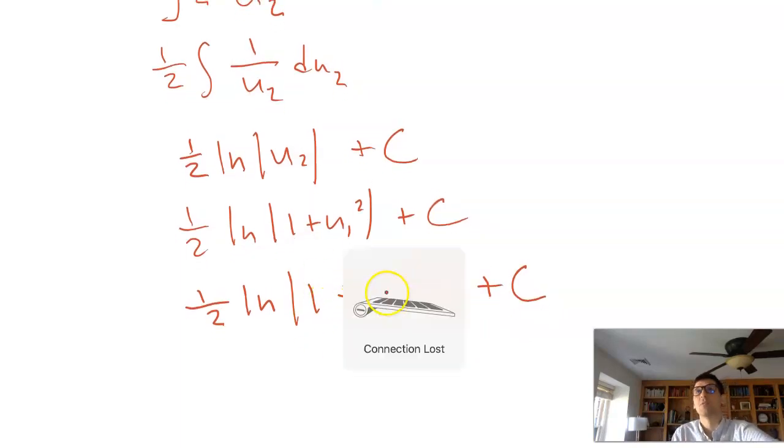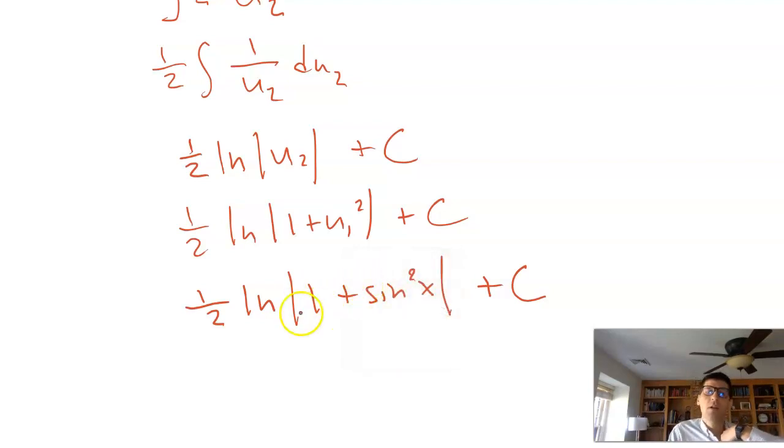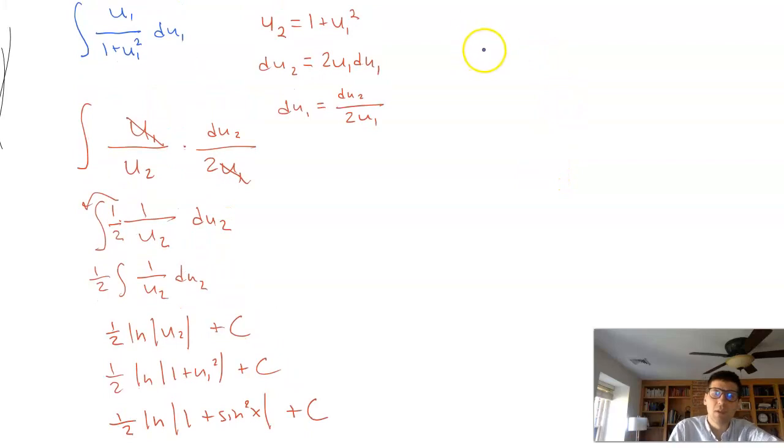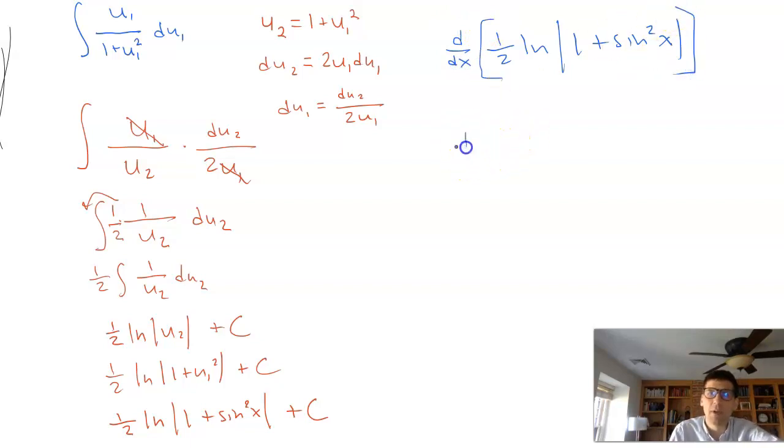We can try this out, of course, by taking the derivative to see if our answer is correct. Let me zoom out so you can see all of that a little bit. So if I have 1/2 the natural log of 1 plus sine squared of x, I'm going to take the derivative with regard to x of this whole thing. The 1/2 could come out, and I could take the derivative, so that's just 1 over 1 plus sine squared of x times the derivative of this.